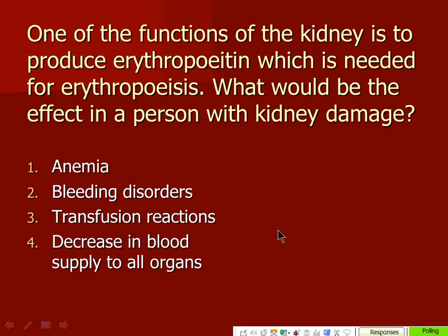So let's look at this. One of the functions of the kidney is to produce erythropoietin. So what would be the effect in a person with kidney damage? Here's where you have to really recall all that you did earlier.